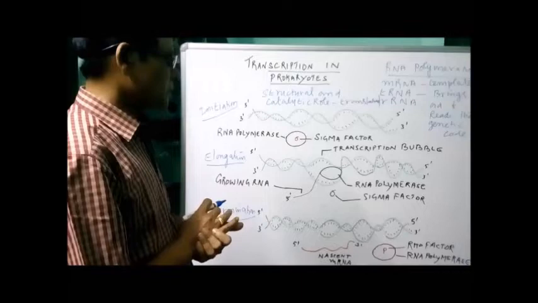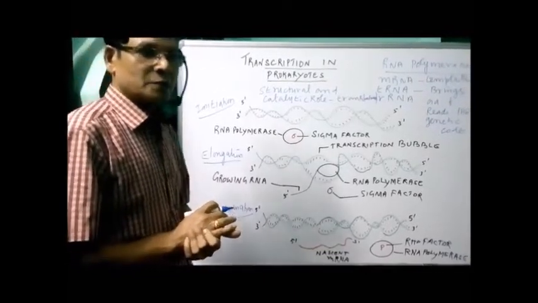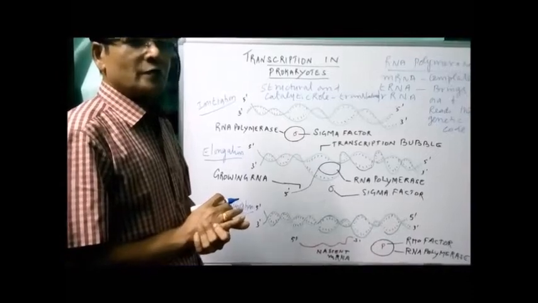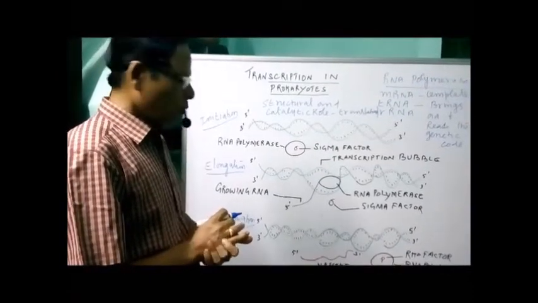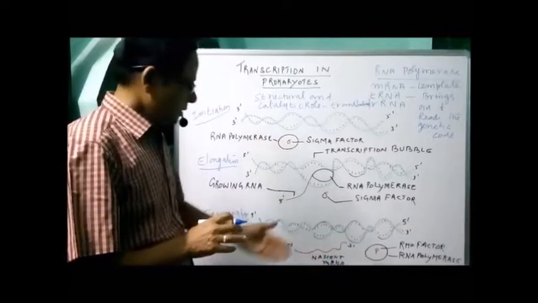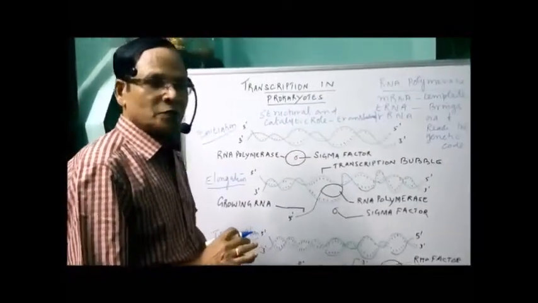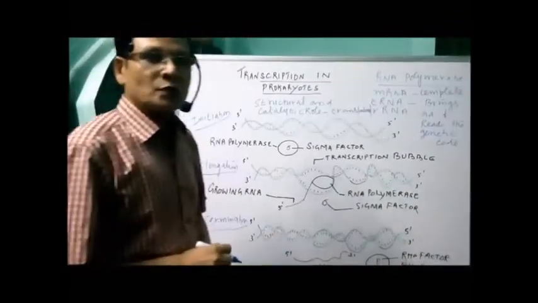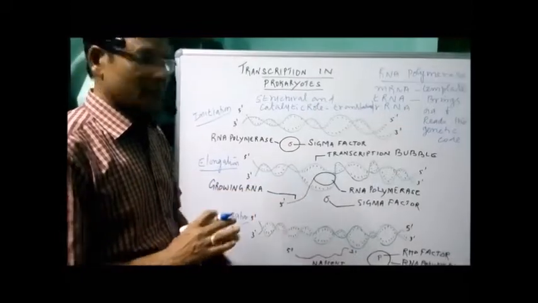That is called DNA dependent transcription. But in the case of prokaryotes, we have a protein. Once the completed RNA reaches the termination point, there we have a protein called the rho factor. This rho factor is called the termination factor.